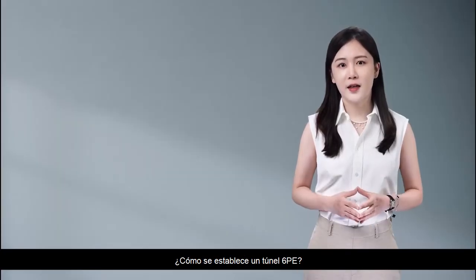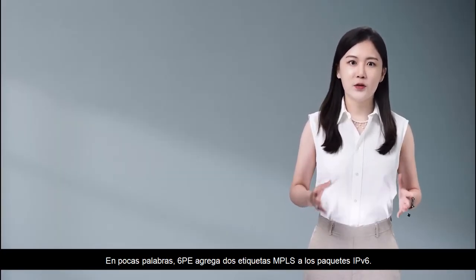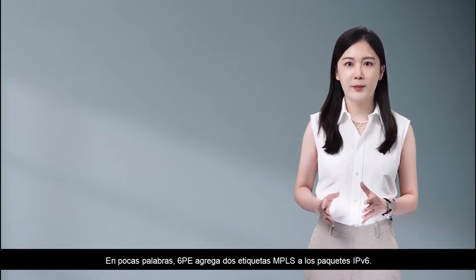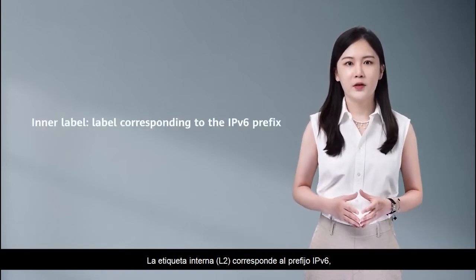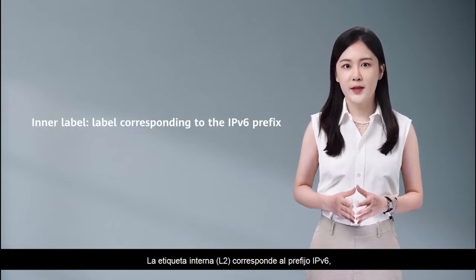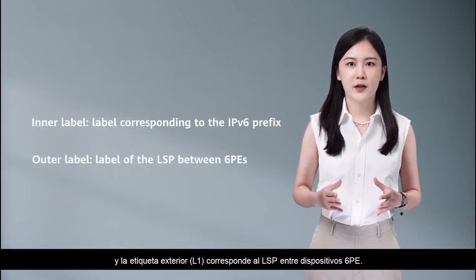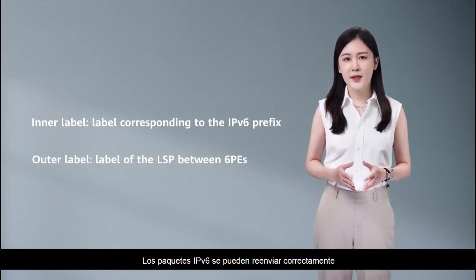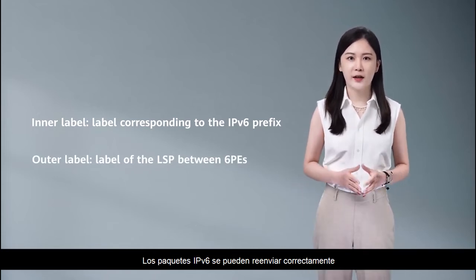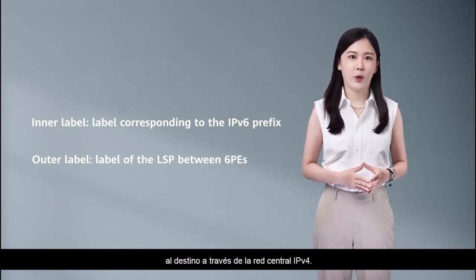How is a 6PE tunnel established? Simply put, 6PE adds two MPLS labels to IPv6 packets. The inner label, L2, corresponds to the IPv6 prefix, and the outer label, L1, corresponds to the LSP between 6PE devices. The IPv6 packets can then be correctly forwarded to the destination across the IPv4 core network.